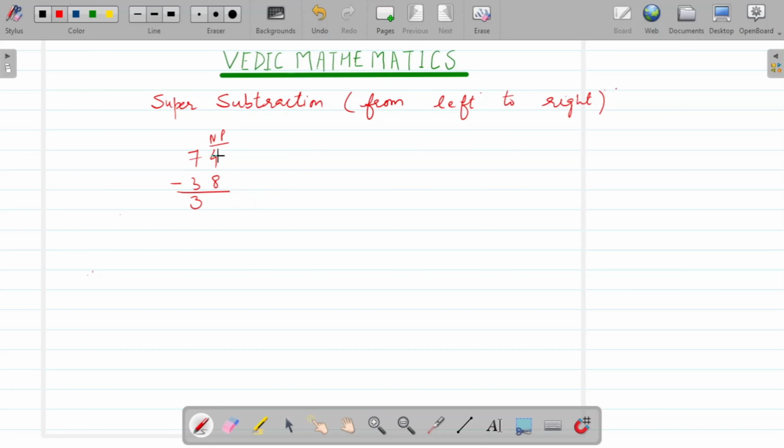Second, we'll check: 4 minus 8 is not possible. So what we will do? We'll take the concept of complements. We'll take the complement of the below number. I'm writing the rule over here.